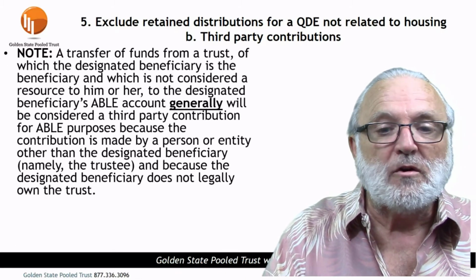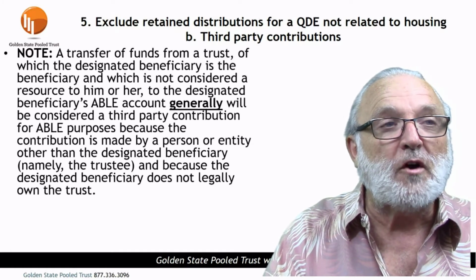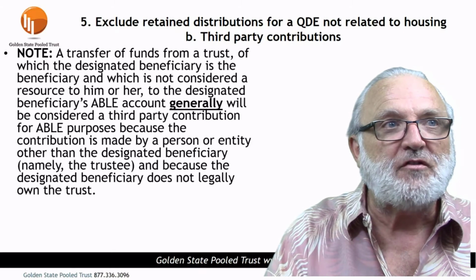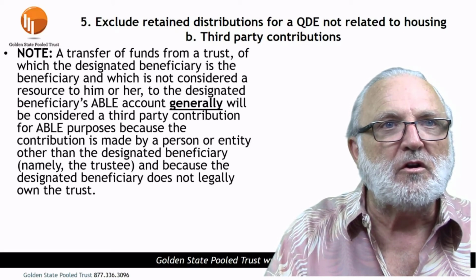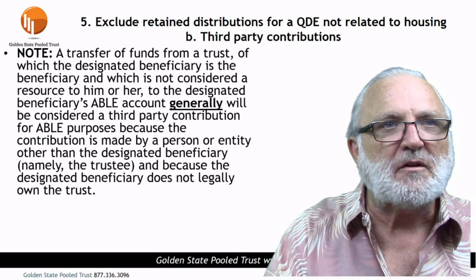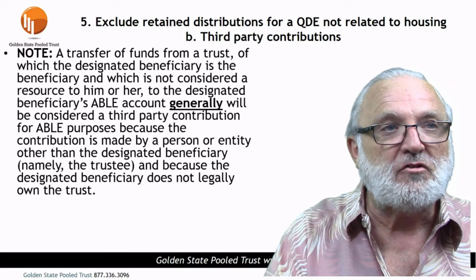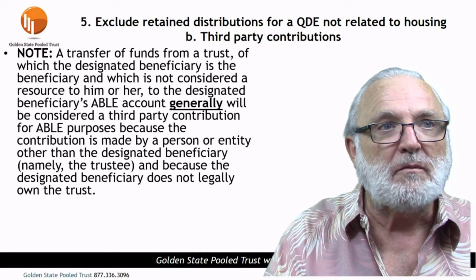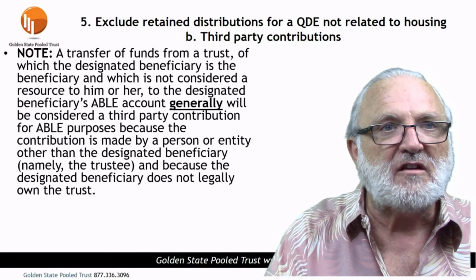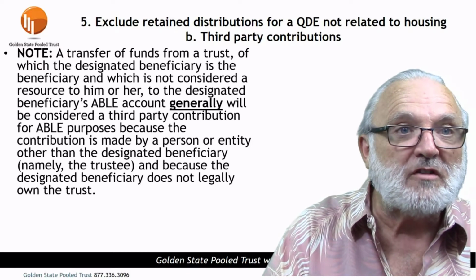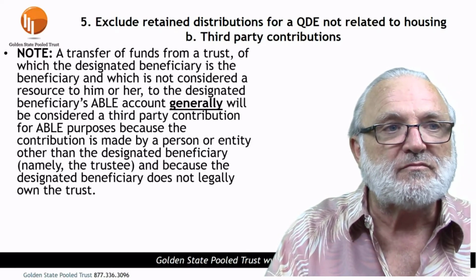This is fairly big for the special needs trust industry: transfers of funds from a trust of which the designated beneficiary is the beneficiary, and which is not considered a resource to him or her, to the designated beneficiary's ABLE account generally will be counted as third-party contributions for ABLE purposes, because the contribution is made by a person or entity other than the designated beneficiary, namely the trustee, and because the designated beneficiary does not legally own the trust.